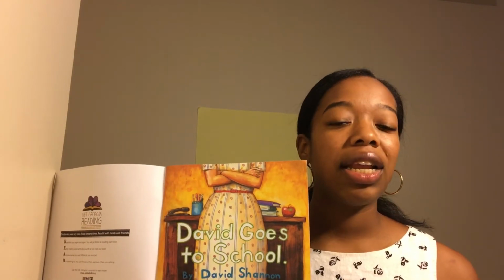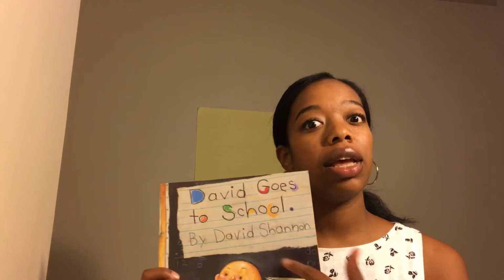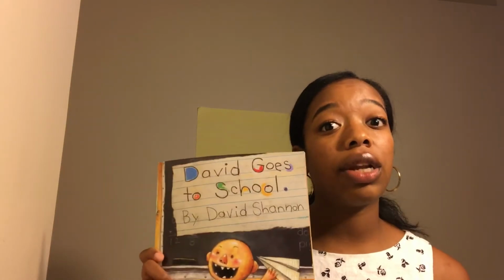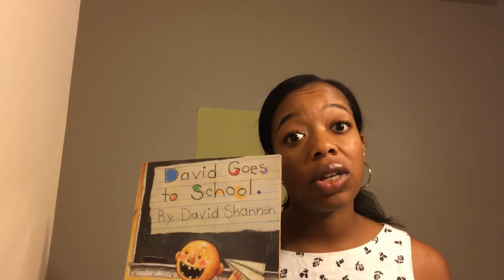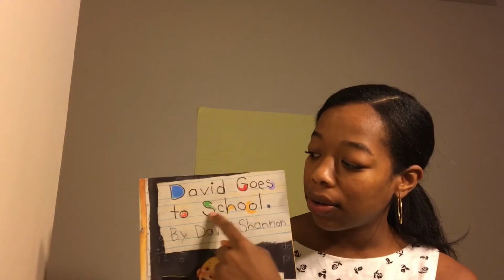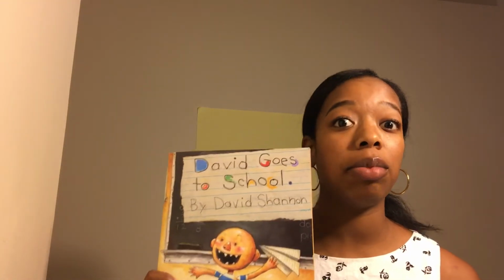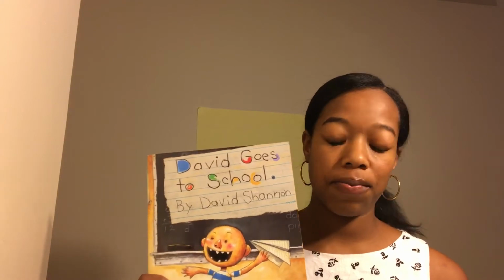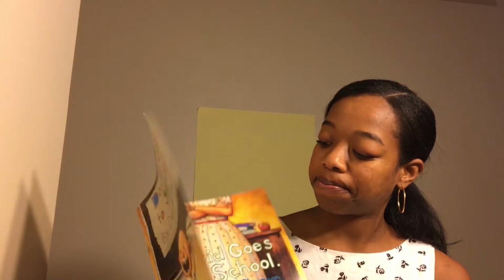Illustrator. An illustrator is the person who draws the pictures in the book. So the illustrator is the person who draws the pictures. The author is the person who writes the words. And then the title is typically on the cover page, and it's going to tell you what the book is about. So let's look at some of these pictures.